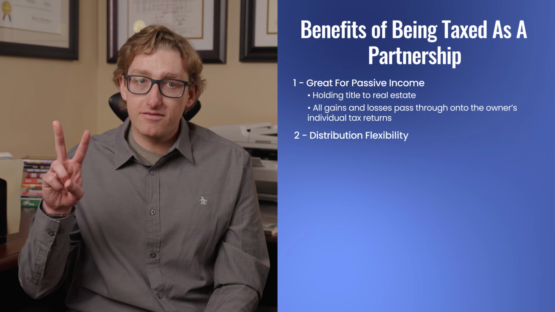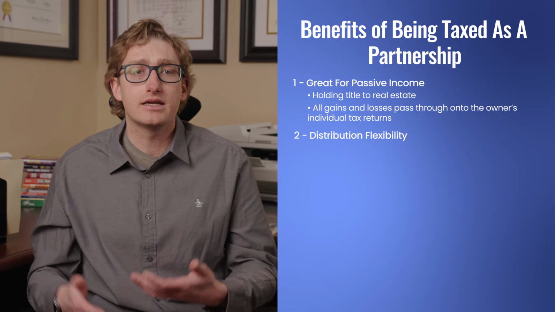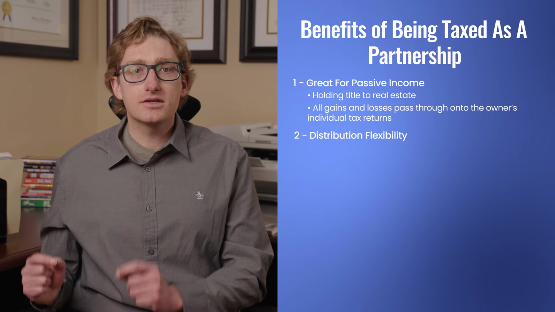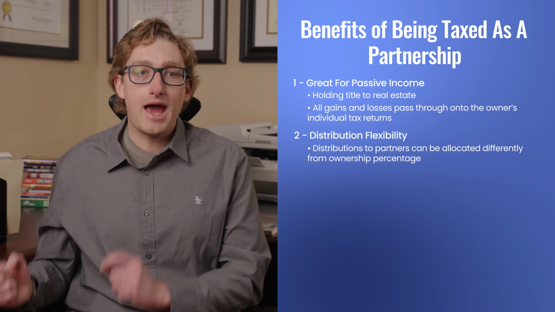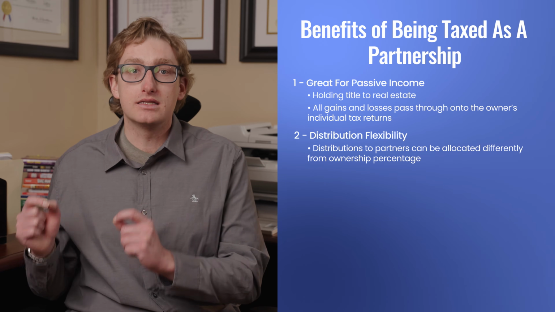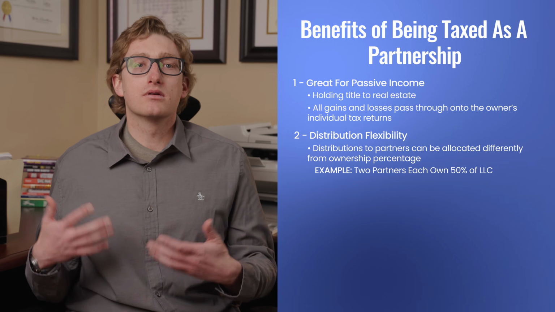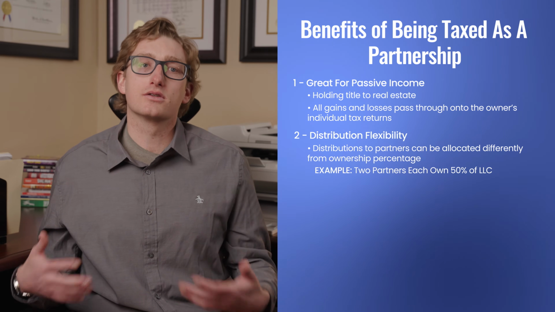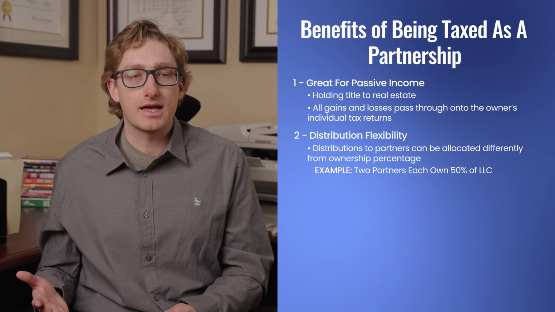And the second benefit is the distribution flexibility that this form of taxation offers. And this is because distributions to the partners can be allocated in a manner that's different from the ownership percentage. So as an example, let's say that you have two partners that form an LLC, each of which own 50%.